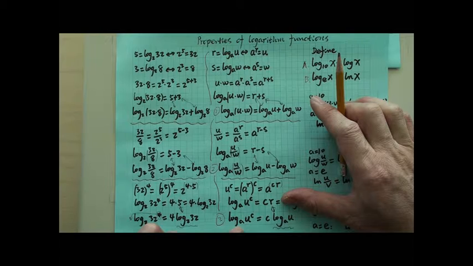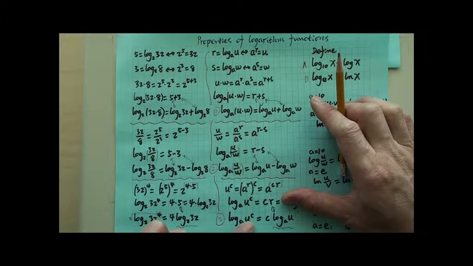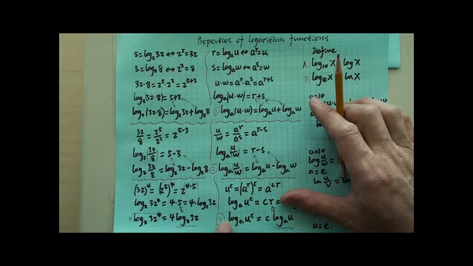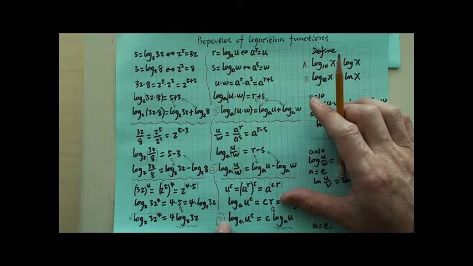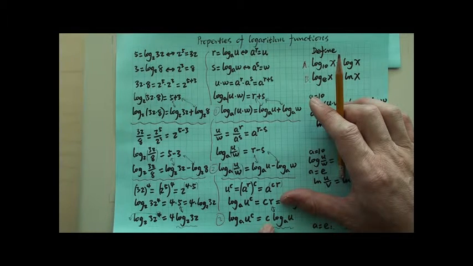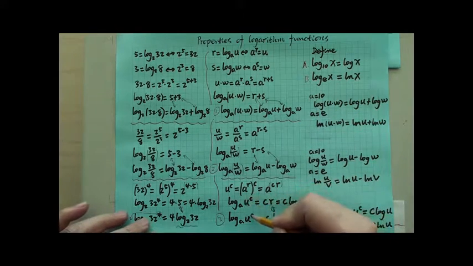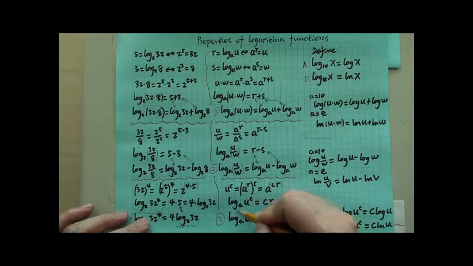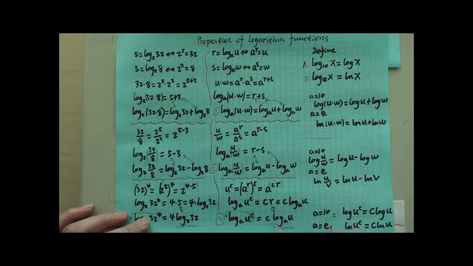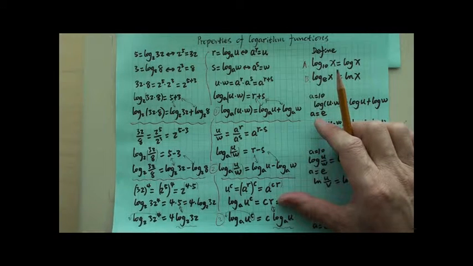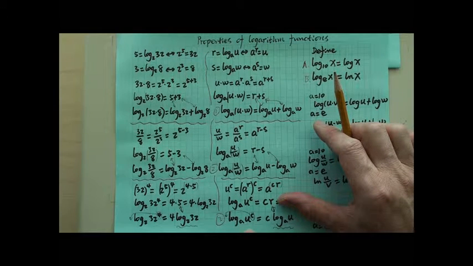That's log base A to the U to the C. So it appears you move this C to the front as a coefficient instead of the exponent. So right here, move this one to the front. It was an exponent. Now move it down to the front as a coefficient. So this will be the property 3.